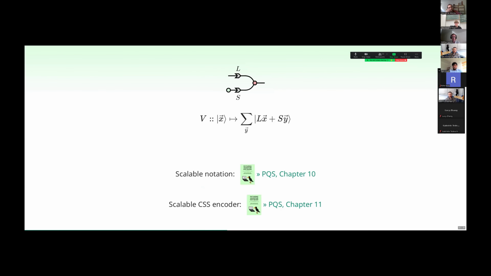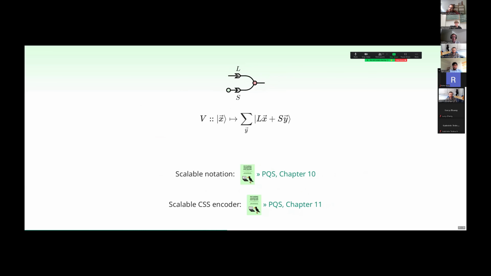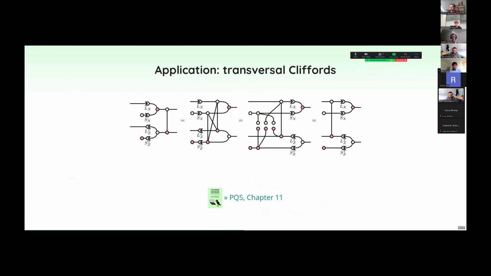Another thing that's quite handy with these things is to use scalable notation. So this little arrow really just means this. It means just put that adjacency matrix in that spot. Okay, so I can write this very succinctly using scalable notation, and that's quite useful for working with CSS codes. So one of the ways it's useful is you can think about transversal Clifford gates.